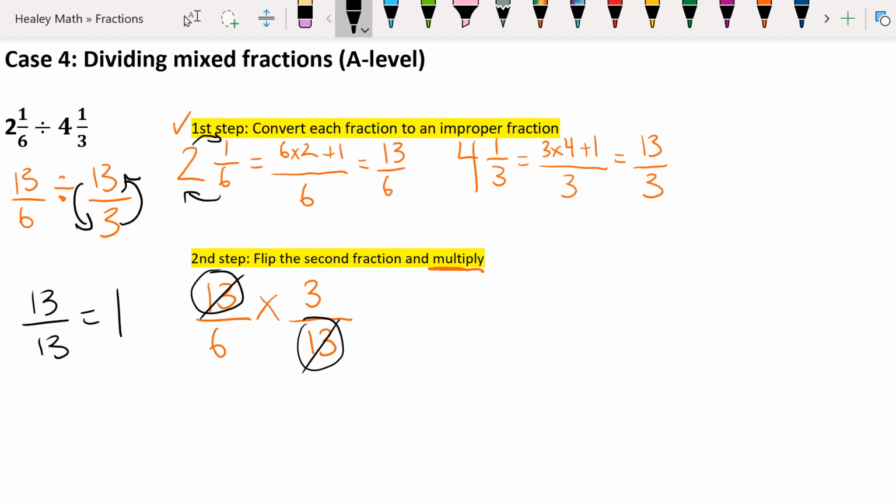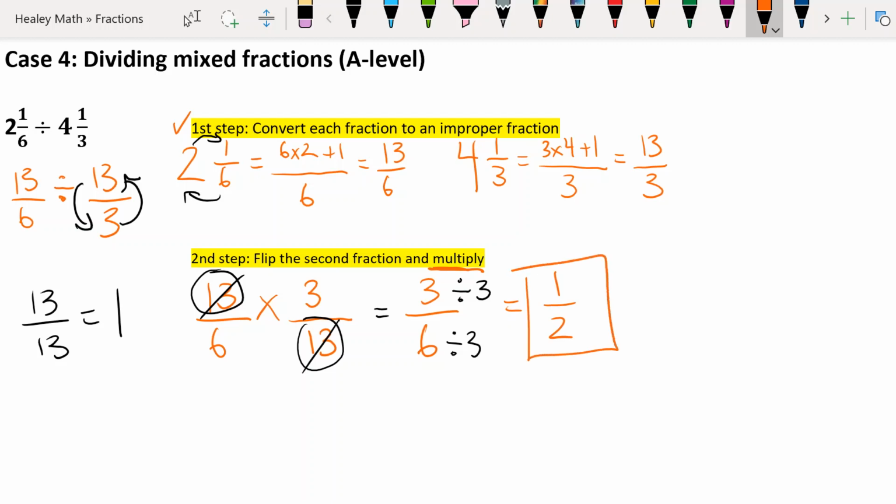And we're just left with 3 over 6. And 3 over 6 can be reduced. I know if I divide this by 3 and this by 3, this is the same as 1 over 2. So our final answer is 1 over 2.